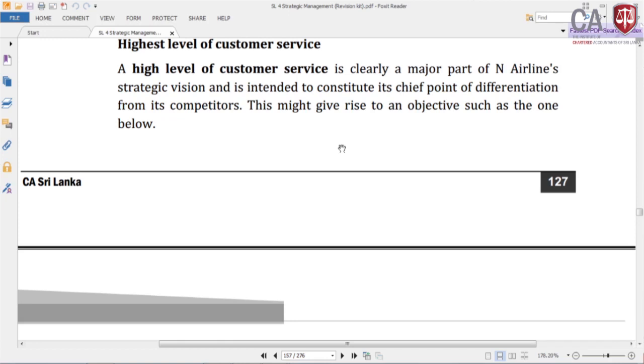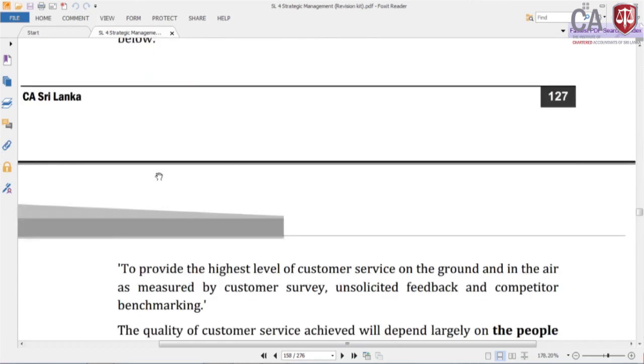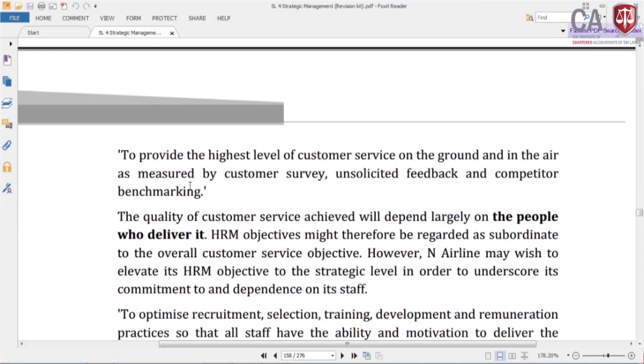This might give rise to an objective such as the one below. One example is given, right: to provide the highest level of customer service on the ground and in the air as measured by customer survey, unsolicited feedback and competitor benchmarking. It's a detailed one, or simply you can say have an objective to give high customer service, but here a detailed objective is identified.